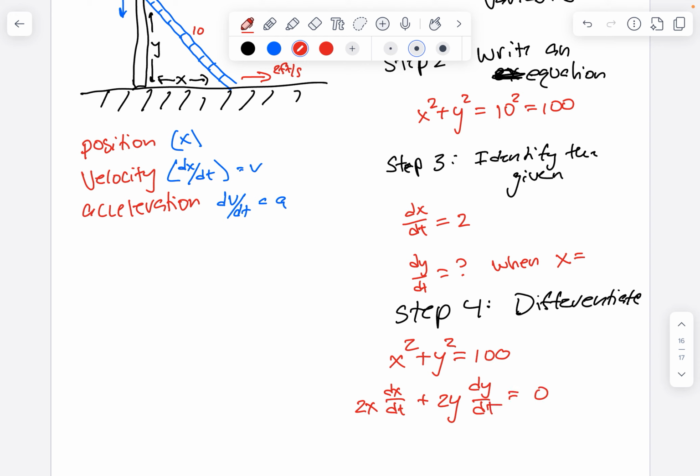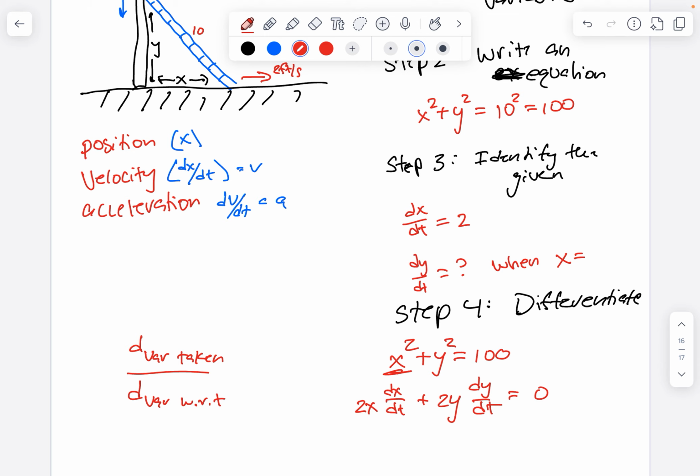And again, whenever you take the derivative of something like here, you always multiply it by d of the variable of which you are taking the derivative, over d of the variable with respect to which you are taking the derivative.